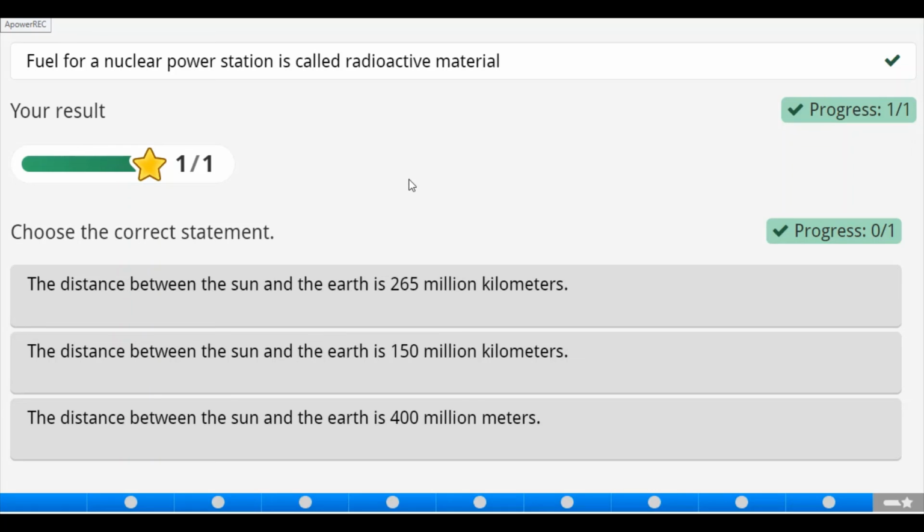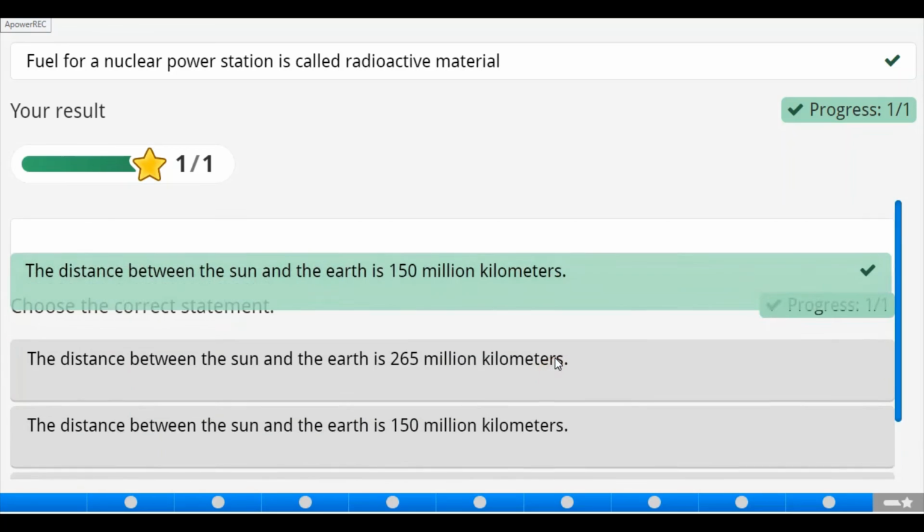Let's deal with the third statement. The distance between the sun and the earth is 400 million meters. This is not possible. The distance between the sun and the earth is measured in kilometers. So 400 million meters is not the right answer. So the right answer was 150 million kilometers.